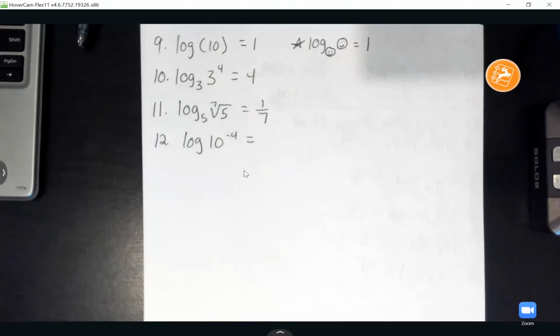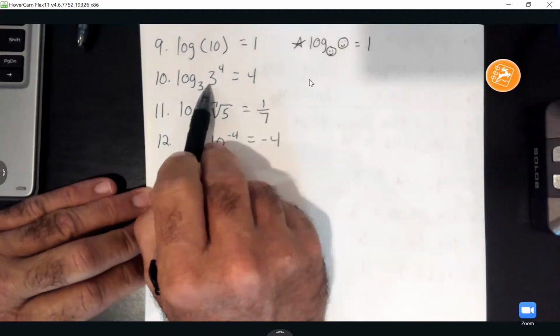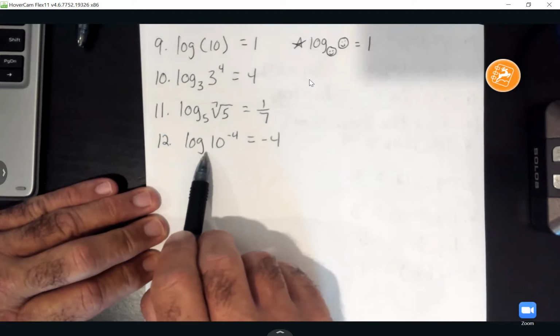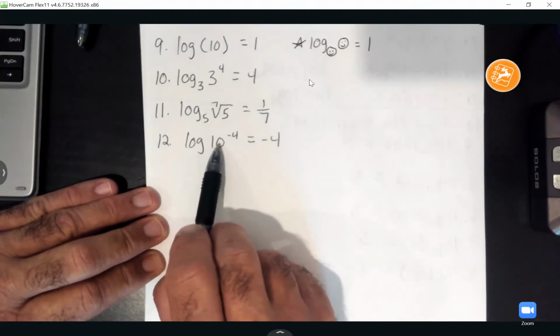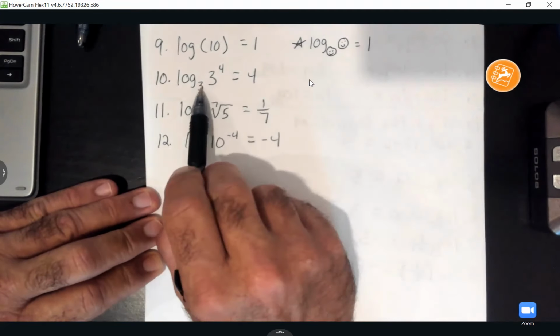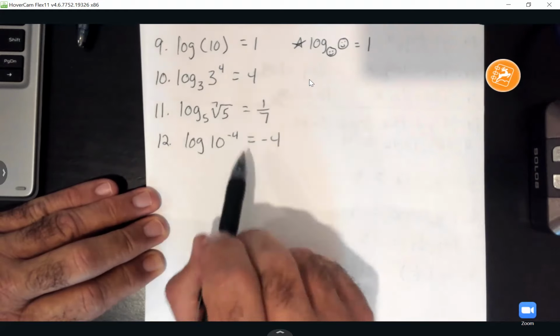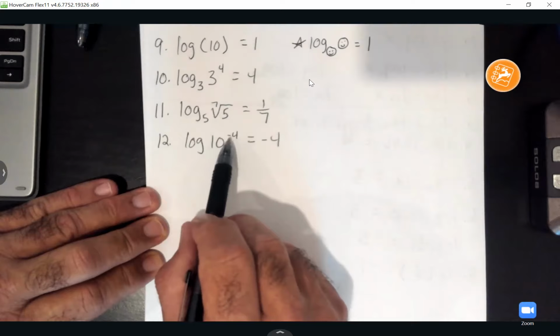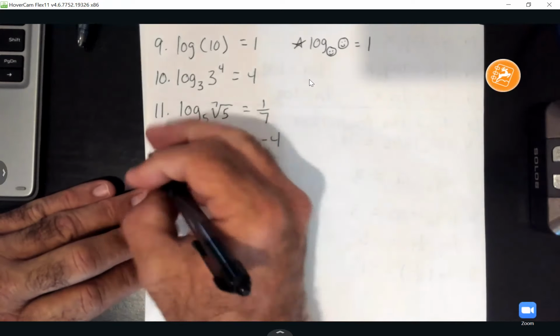So what y'all getting? -4. -4, good job. And it's like this number 10 here, right? So remember, I got a 10 here that ain't shown, it's a 10. So the 10 matches the result base 10, just like this 3 matches the result base 3. So the answer up here was the exponent 4. The exponent here of -4 is that answer.